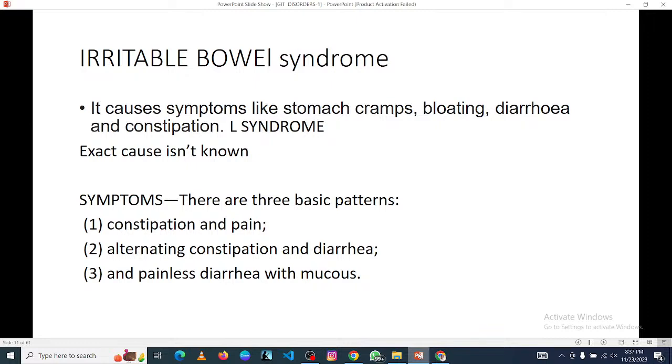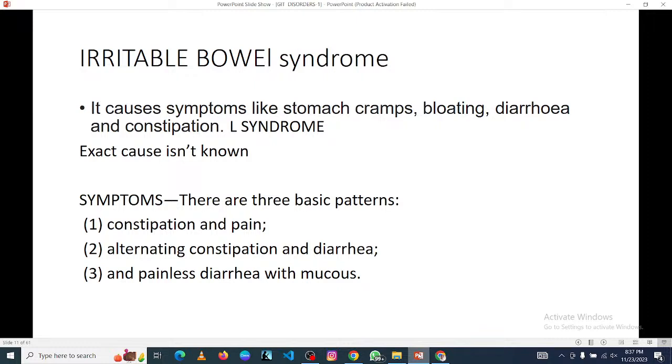But both of them, that is Crohn's and ulcerative colitis, they are ulcers, they are wounds in your colon and in the ileum, and their cause normally is not known. Those are some of the symptoms: constipation, pain, alternating constipation and diarrhea.